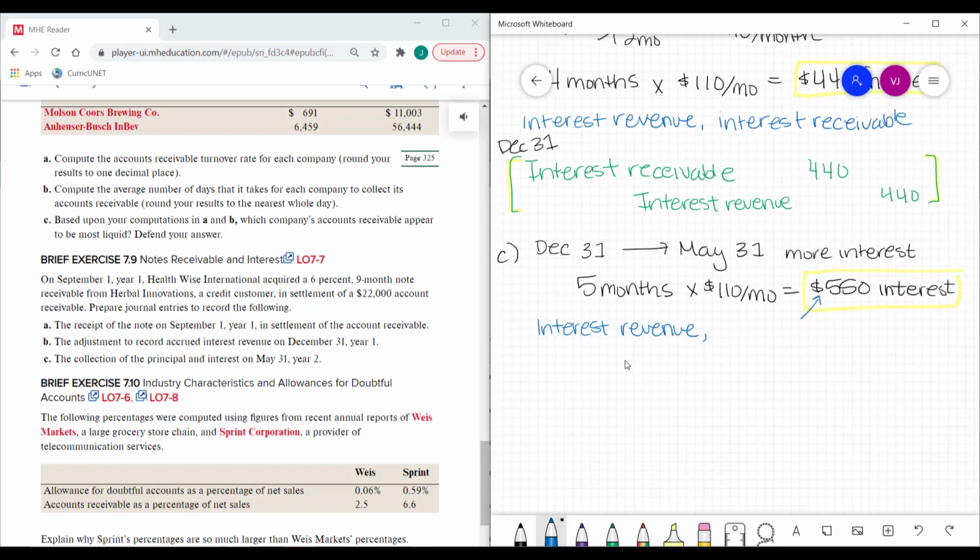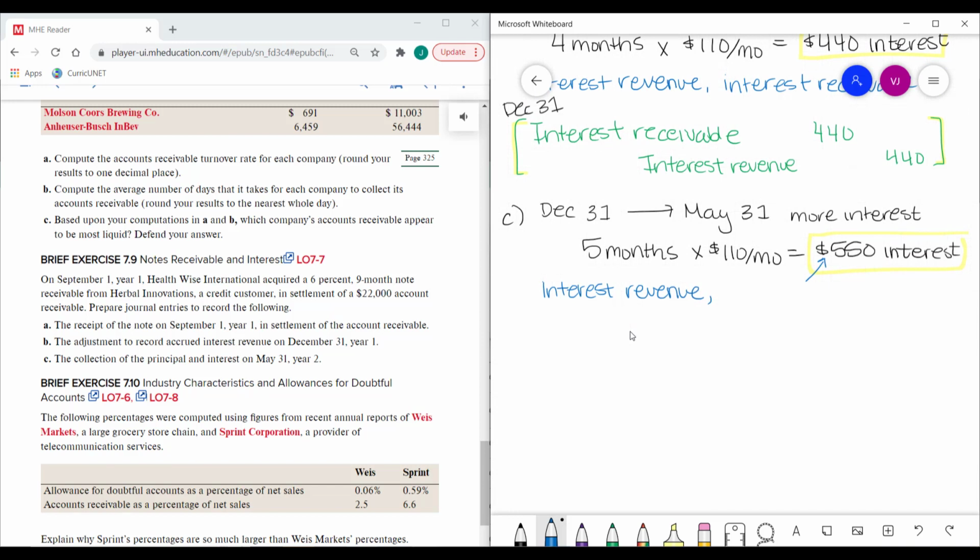Okay, so what's happening on May 31st? So there's interest revenue of $550 that we need to record, and we are finally receiving this interest receivable from before, right? So we have interest receivable of $440. So what's the total interest paid to us today on May 31st?